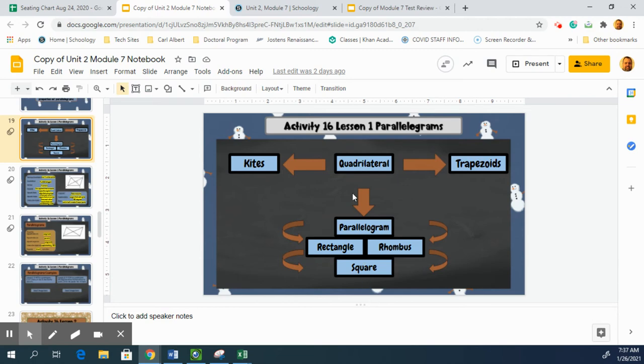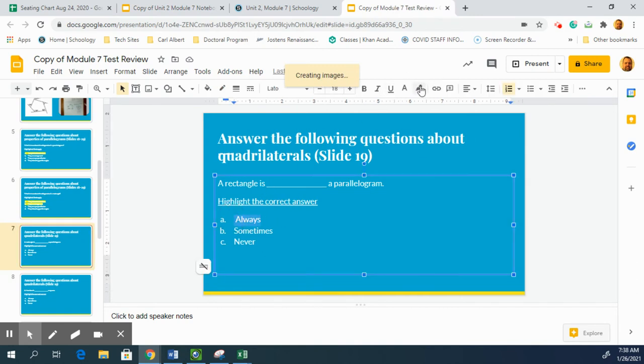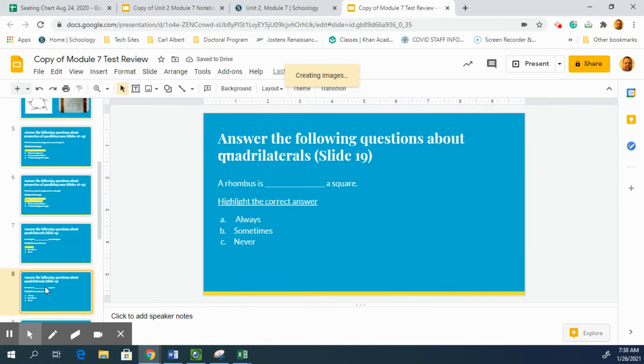As you go down, we're just making specialized quadrilaterals. A quadrilateral is a parallelogram, and then it breaks down into rectangles and rhombus, and then all the way to a square. So as you go down, the rectangle is always going to be a parallelogram. A rhombus or a square is always going to be a parallelogram, the same way that they're always a quadrilateral. So in this case, a rectangle is always a parallelogram.